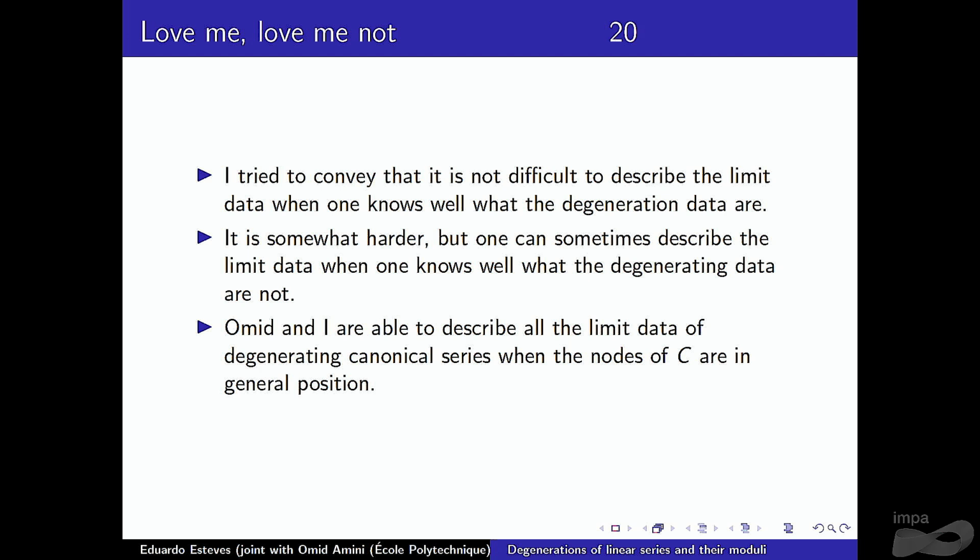So out of the special positions, that's why I'm saying if they're not special, they are general, then you can describe the canonical series. So to every smooth curve, there is a canonical linear series, the differentials and all of them, and then you can try to describe what happens when it degenerates to a curve like that. And I'll talk a little more about this.